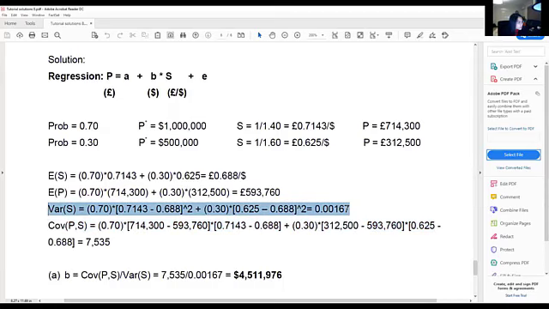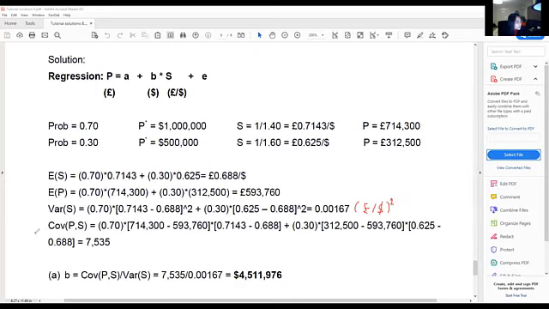So here I've got probability 1 times S1 minus S bar to the power of 2 plus probability 2 times S2 minus S bar to the power of 2. Okay. So that should give me the variance for S. So here, this should be pound over dollar. And because this is the variance, the unit should be squared too.